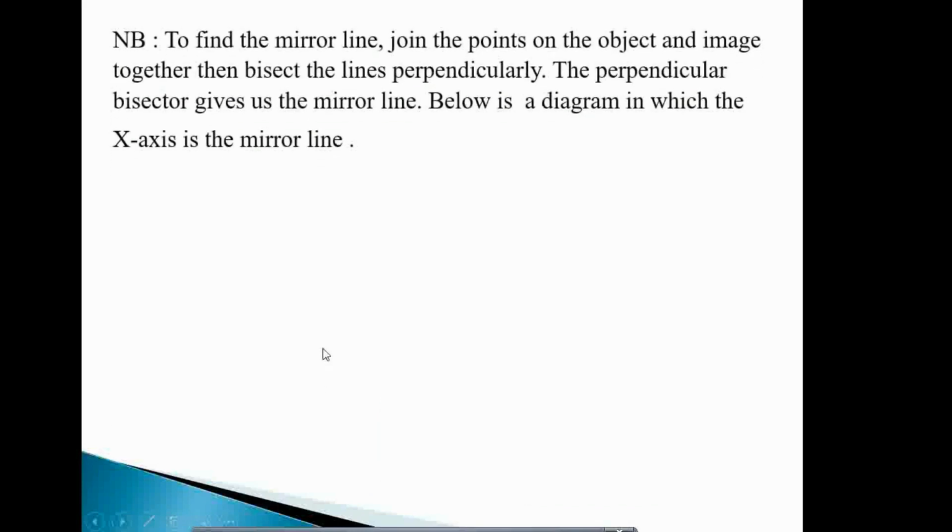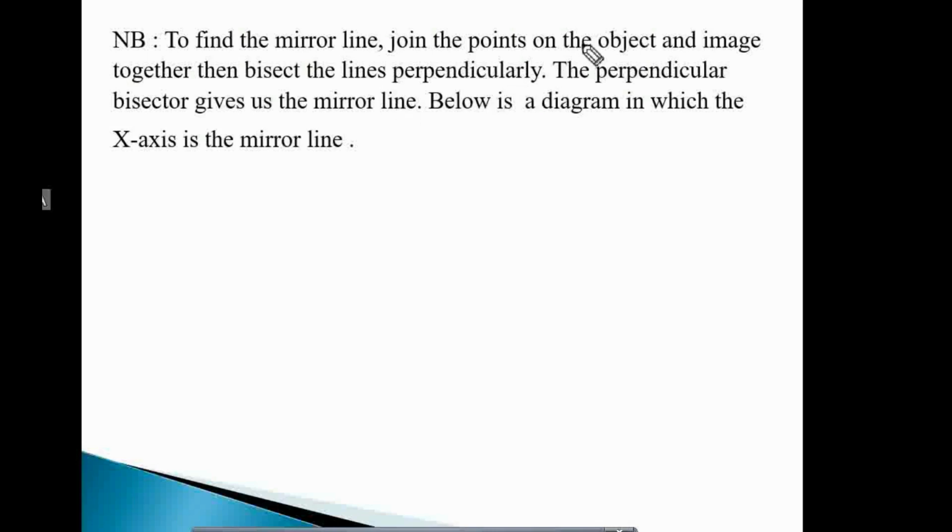NB, what you're supposed to note here is that to find the mirror line, you must always join the points on the object and the image together, and then bisect the lines perpendicularly.